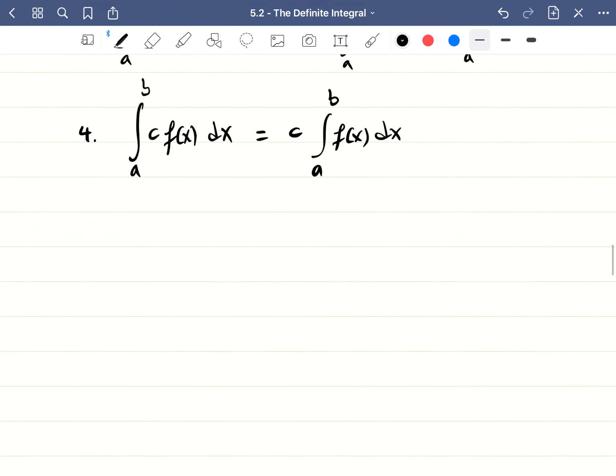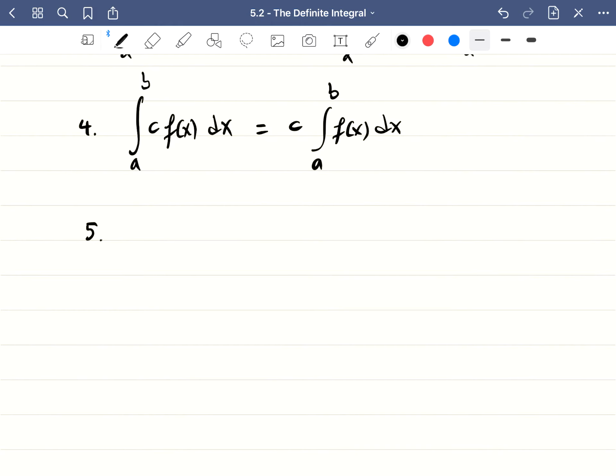And then 5, if you integrate a function from a to b, and you know that there's some c between a and b, okay, so let me say there is a c here, somewhere in between a and b, then you can split your integral into two pieces.